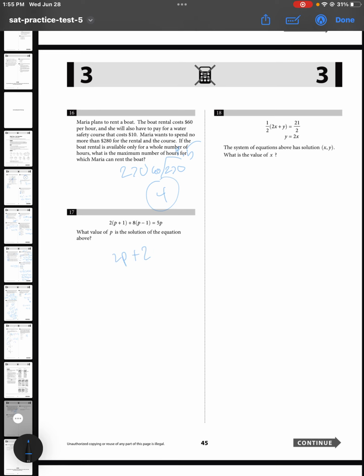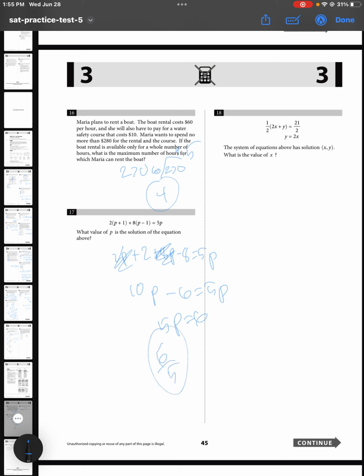2p plus 2 plus 8p minus 8 equals 5p. 10p minus 6 equals 5p. So 5p equals 6. 6 fifths.